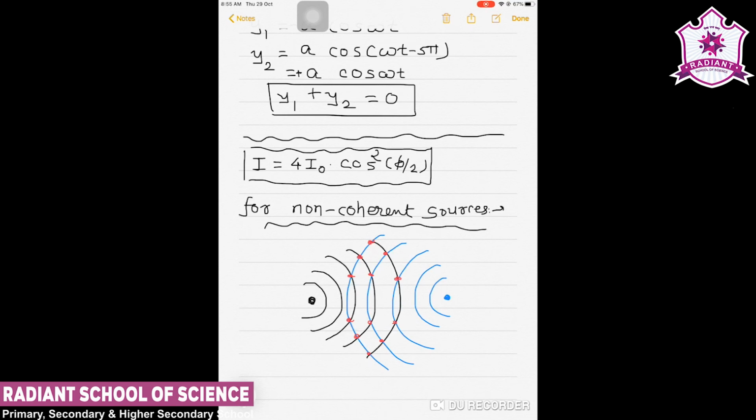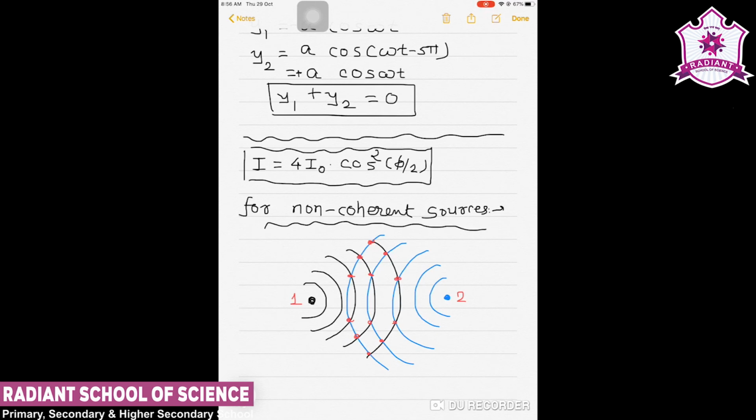So we have to be careful and consider that if we have constructive interference at a point, it will remain constructive interference, and if we have destructive interference at any point, it will remain destructive interference and will not change with time. But again, the condition is that it should be coherent sources.